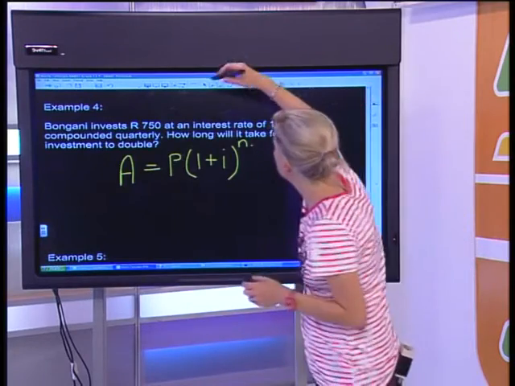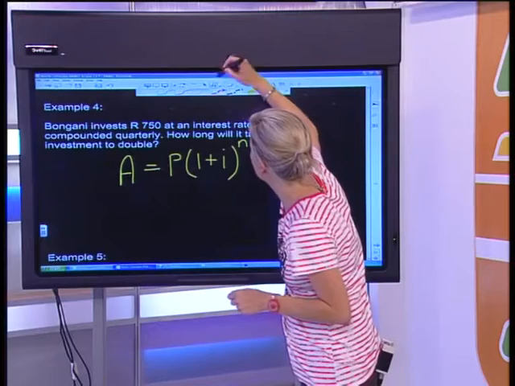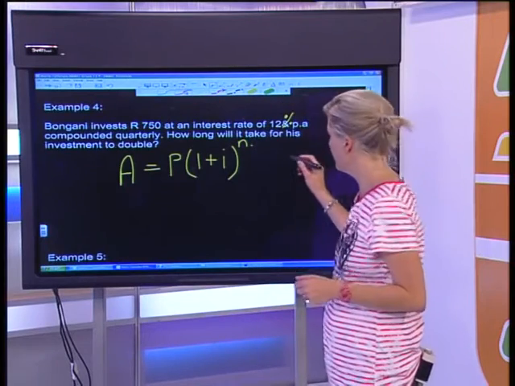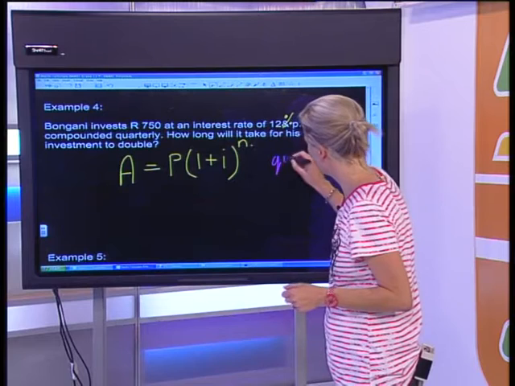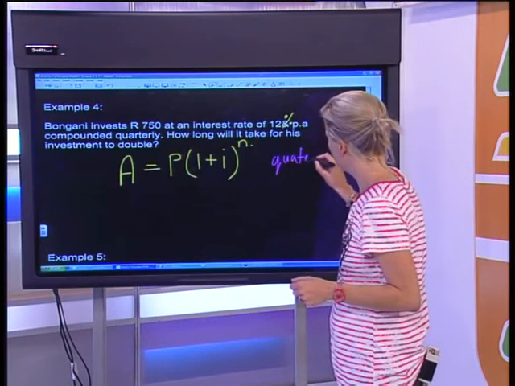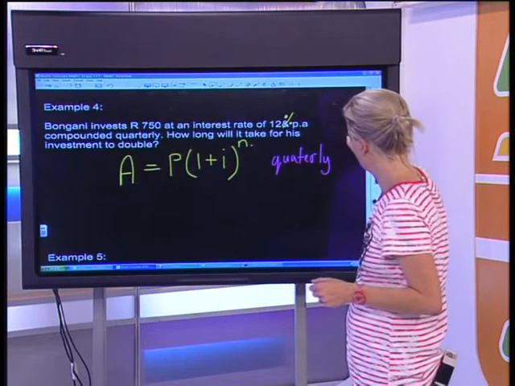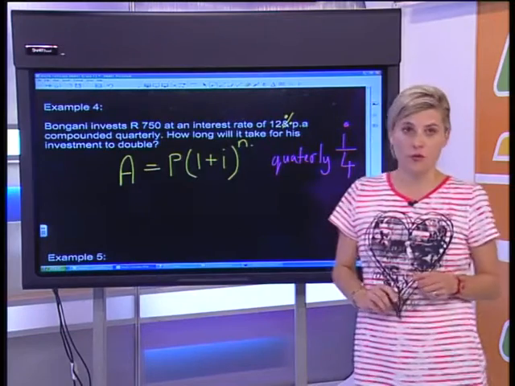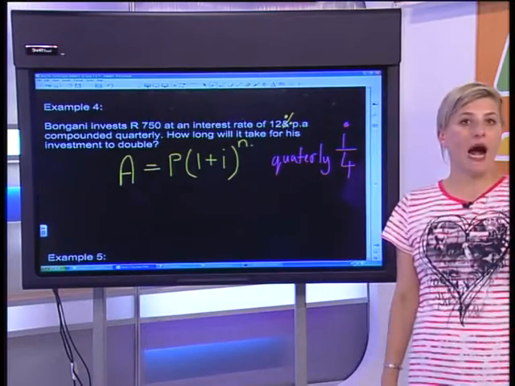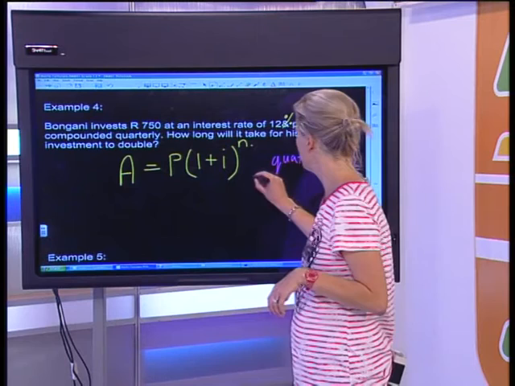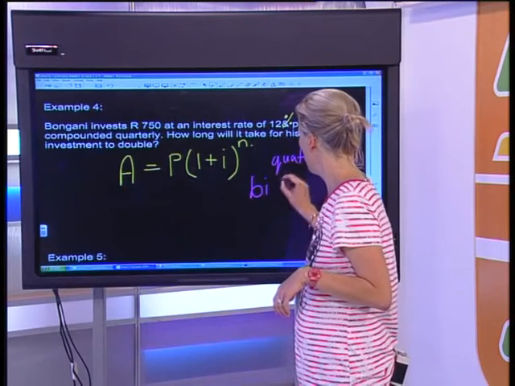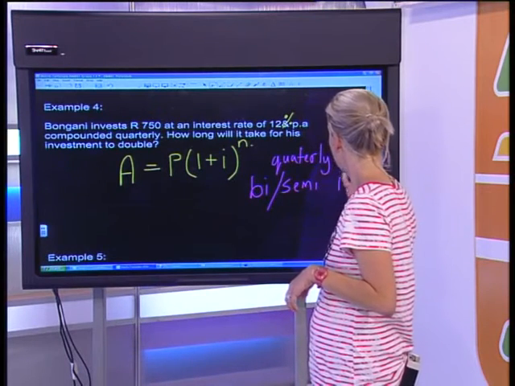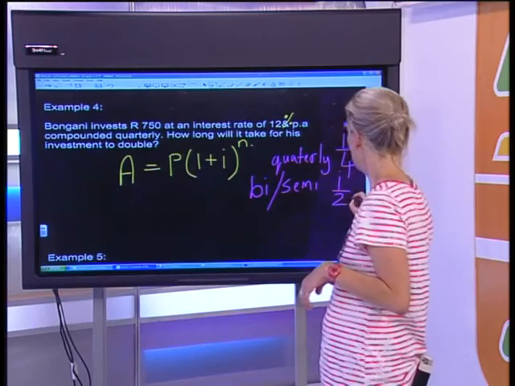Now, just quickly, let's run through that again. If I say quarterly, what I need to do is take my interest and divide it by 4. If I say bi or semi-annually, that means twice a year, so my interest is divided by 2.